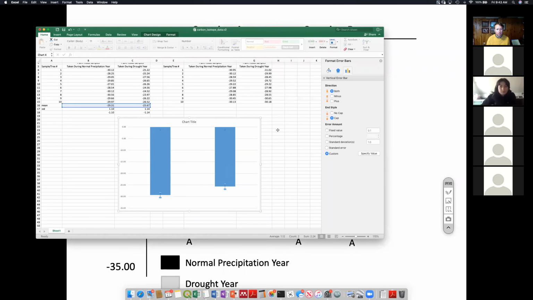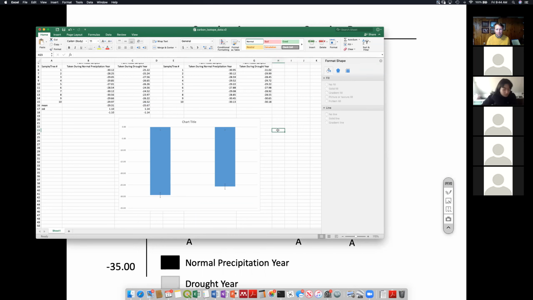There we go. What if you were to do standard error? Oh, standard error, it's calculating the standard error of these two numbers, so it's not really right. I just figured it out. So here's how you do it. You go to custom value.